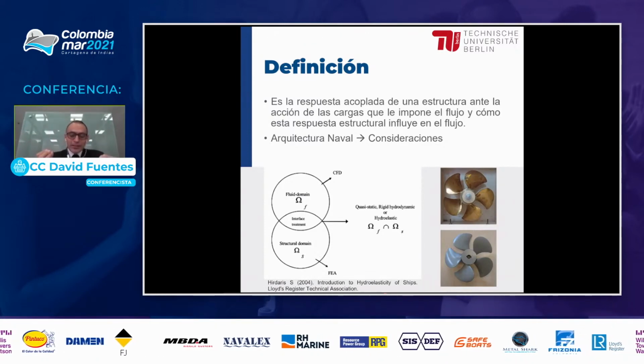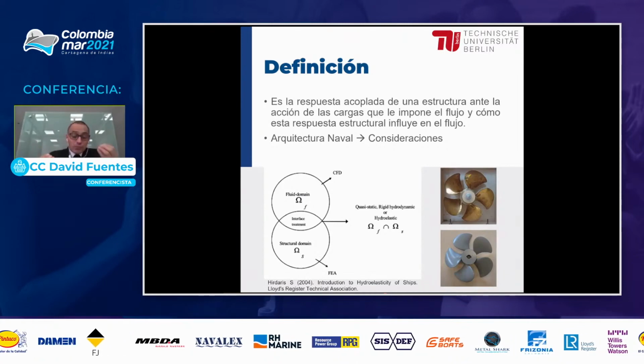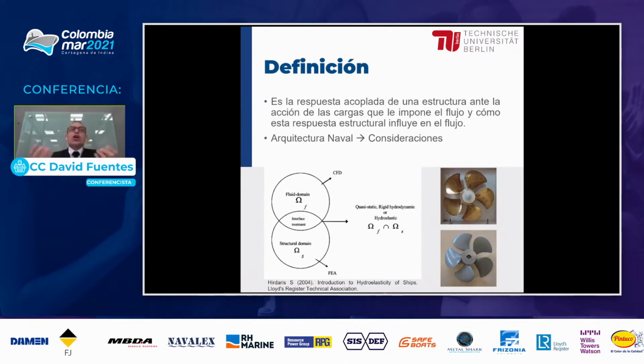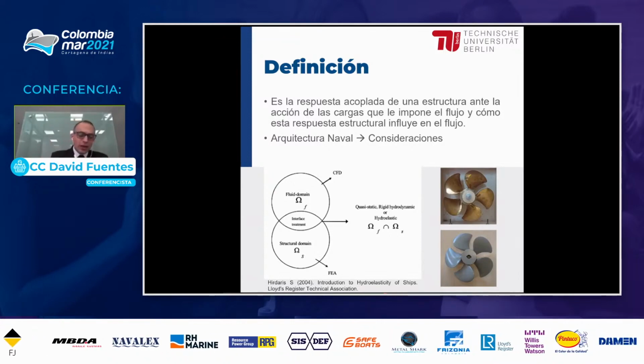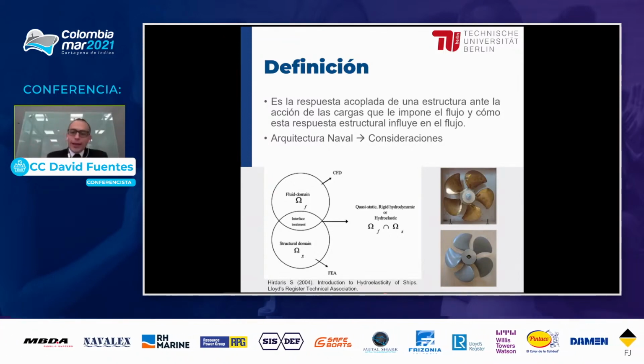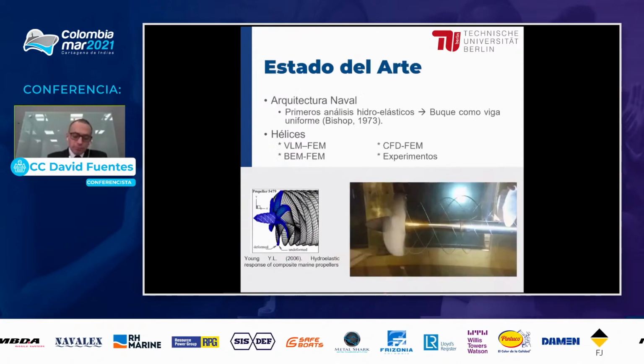So what we find nice in this discipline is that it allows us to match the resistance of the structure and get to know more accurately how the structure will respond when interacting with fluids.